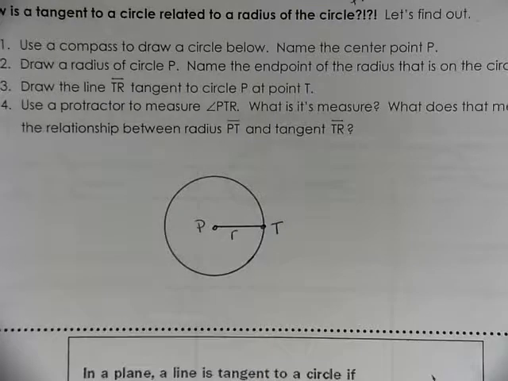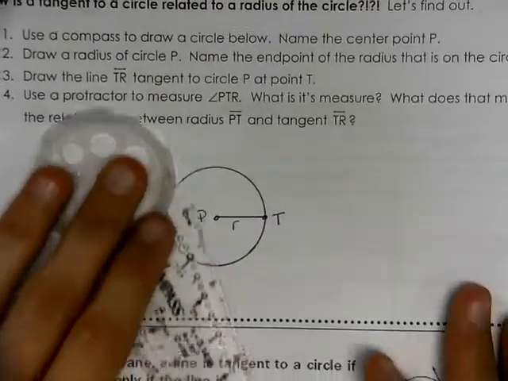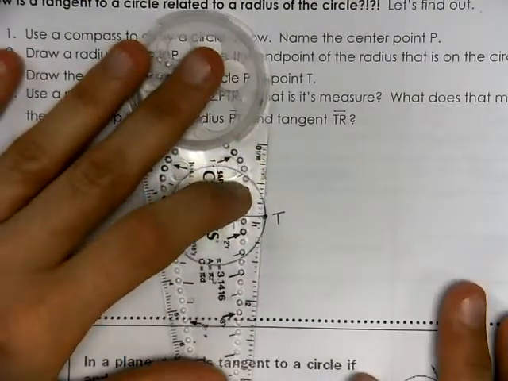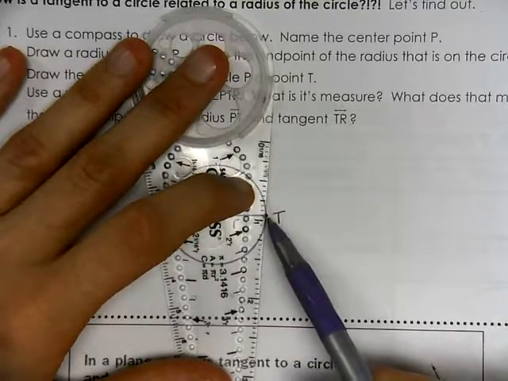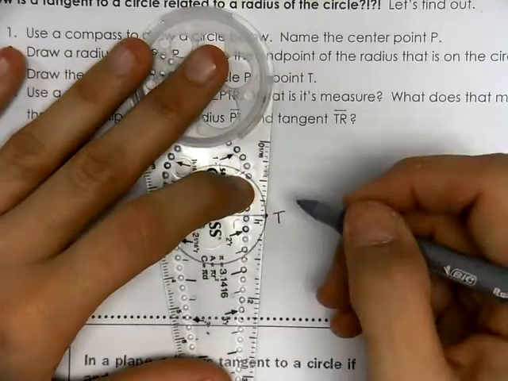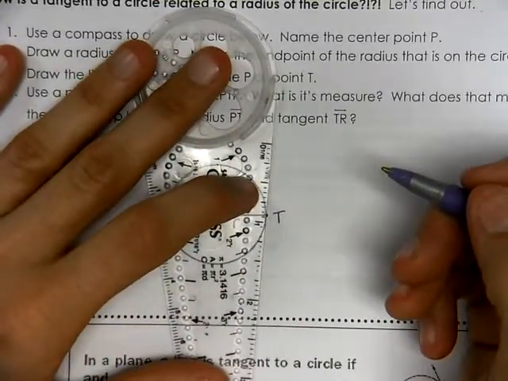P to T would be a radius. Now, I can create a tangent at T. Try to make a straight line, only touching the circle at point T. So don't go sideways. You only really want to touch the circle at point T.